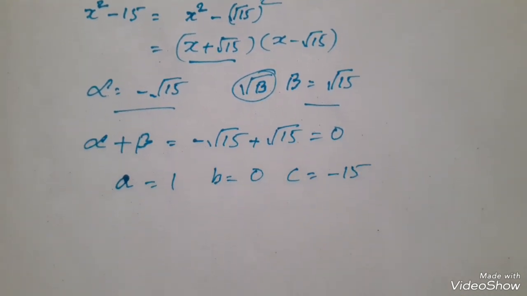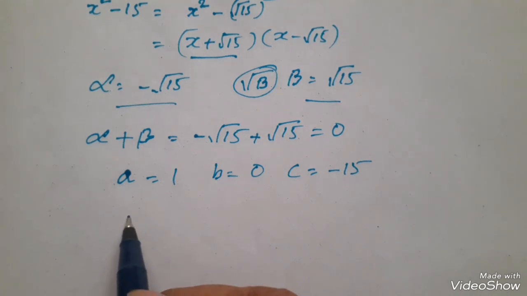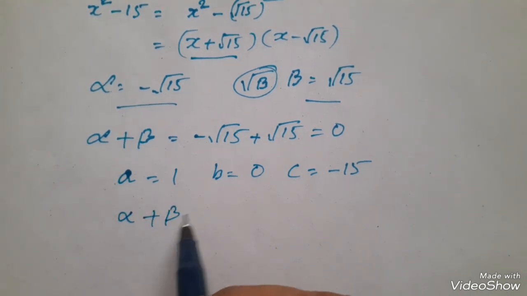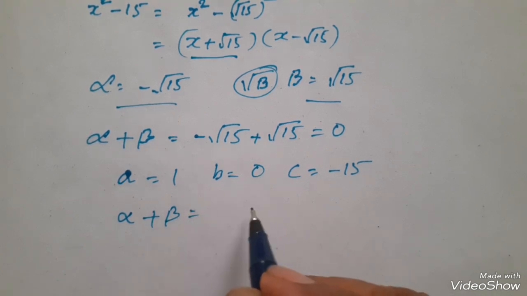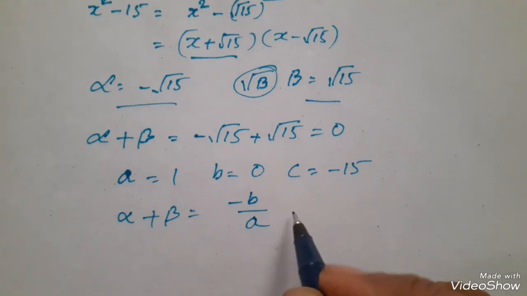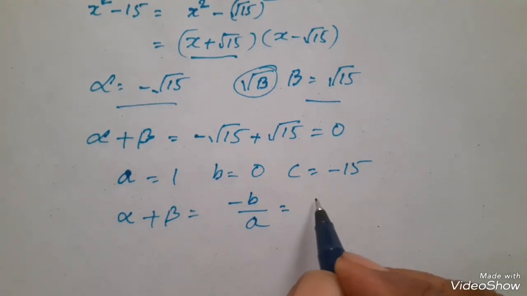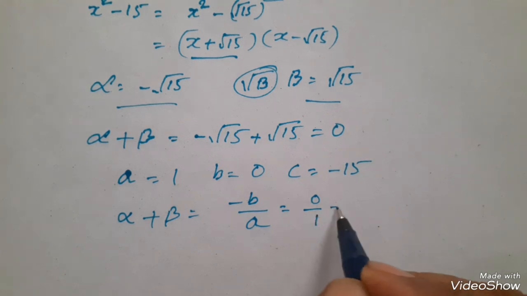So now you find the sum of zeros, alpha plus beta, which is minus b by a. So it is equal to minus of 0 by 1. We get 0 only.